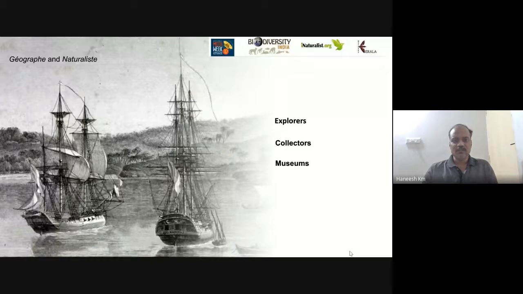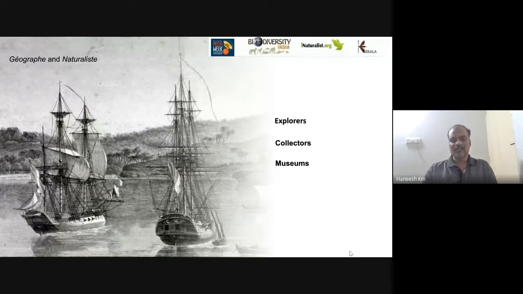This picture is an illustration of two ships, which they named Geography and Naturalist. They were sent in the 18th century from France to explore the islands of Australia and nearby. They went back with a lot of samples collected, many boxes of samples taken to France.